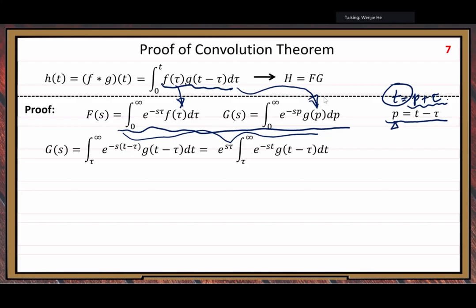Now we are ready to calculate the product of F and G. The product of the capital F function and the capital G function: we multiply these two integrals. When we do integral multiplication, we can multiply inside.